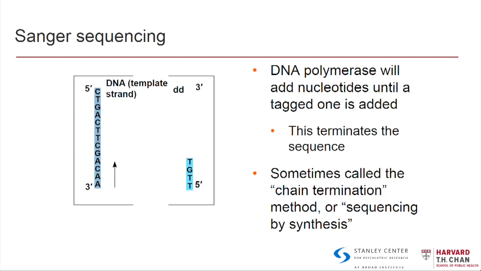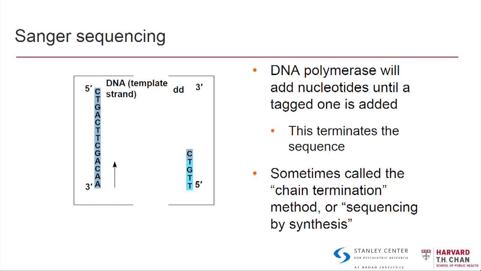Okay, so getting into how Sanger sequencing actually works. As I mentioned before, this primer sequence will anneal to its complementary portion of your DNA template strand at the bottom of the slide here. And then DNA polymerase will randomly grab nucleotides from the pool that's floating around in your solution.